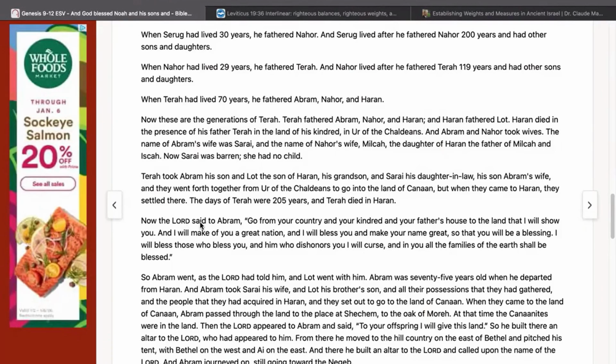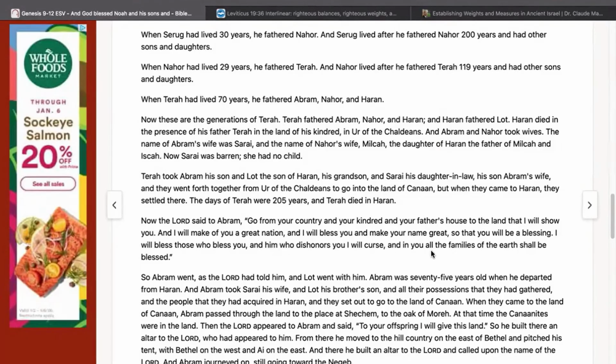All right. Now the Lord said to Abram, "Go from your country and your kindred and your father's house to the land that I will show you. And I will make of you a great nation, and I will bless you and make your name great, so that you will be a blessing. I will bless those who bless you, and him who dishonors you I will curse.